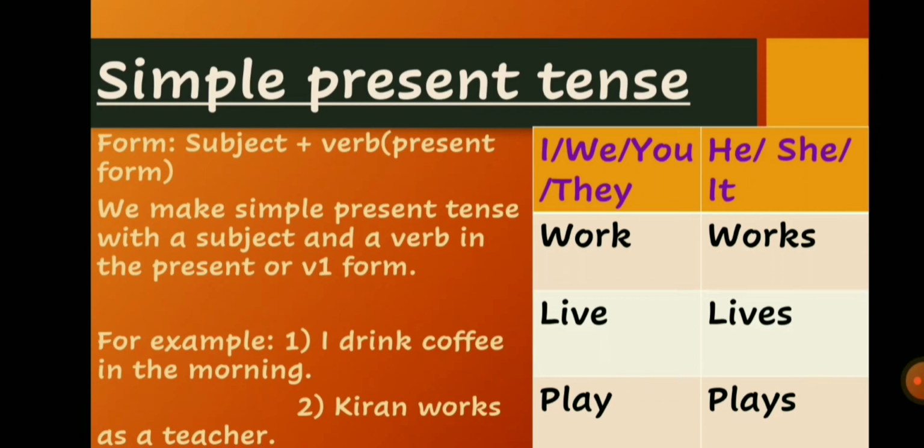So whenever the subject is I, we, you, they, he, she, it, then the present tense will come in singular form or plural form, and it will be in the V1 form. V1 form means the base form of the verb. So this is the meaning of simple present tense.